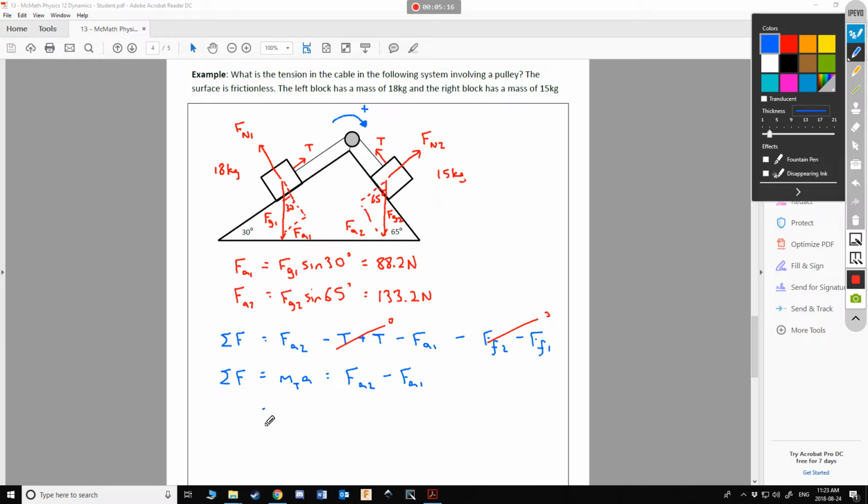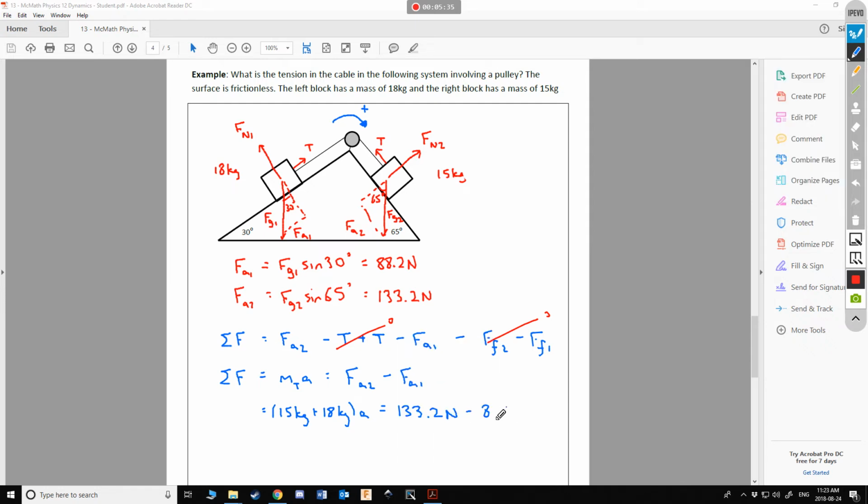So the whole system that's moving is both the combined mass, 15 kilograms plus 18 kilograms. So all of that mass is being accelerated due to these two forces, which we found was 133.2 newtons minus 88.2 newtons.